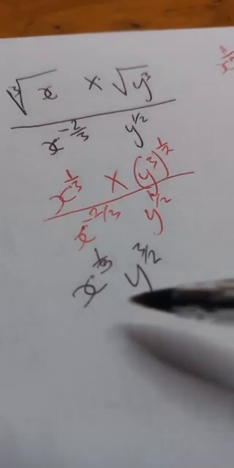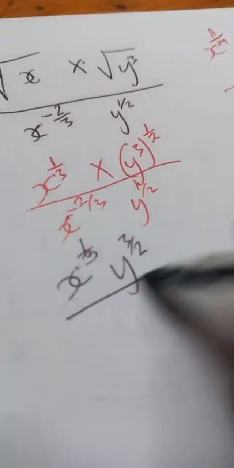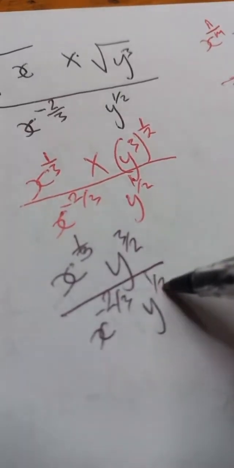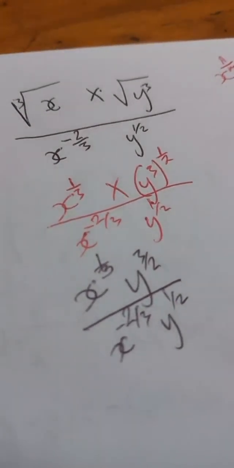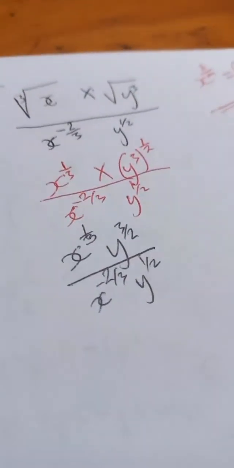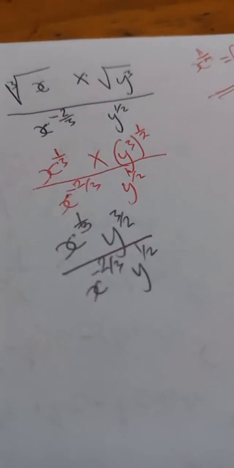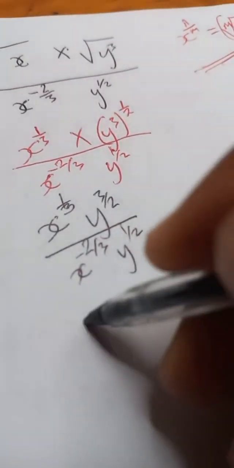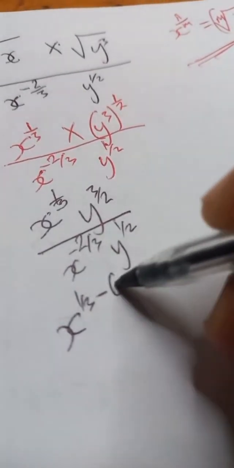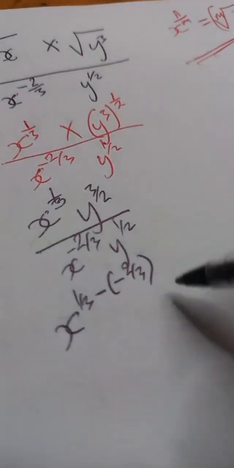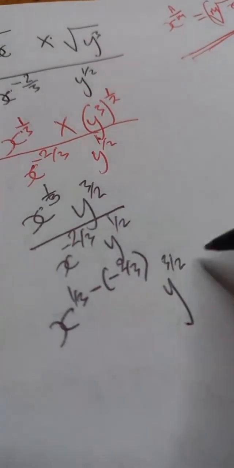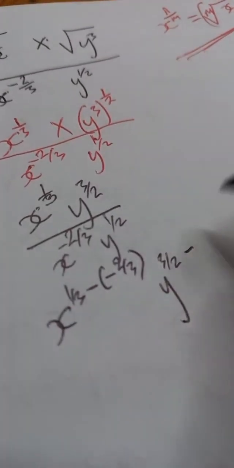Now, this is the top over the bottom. We are going to use the same easy concepts. x to the power 1 over 3 minus, open bracket, negative 2 over 3, y to the power 3 over 2 minus half.